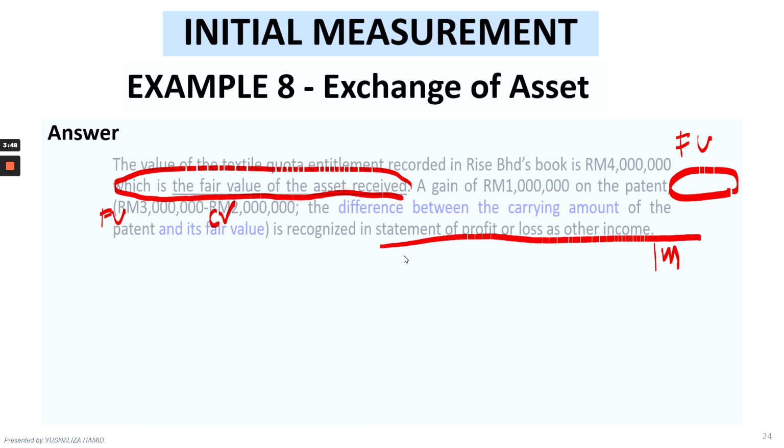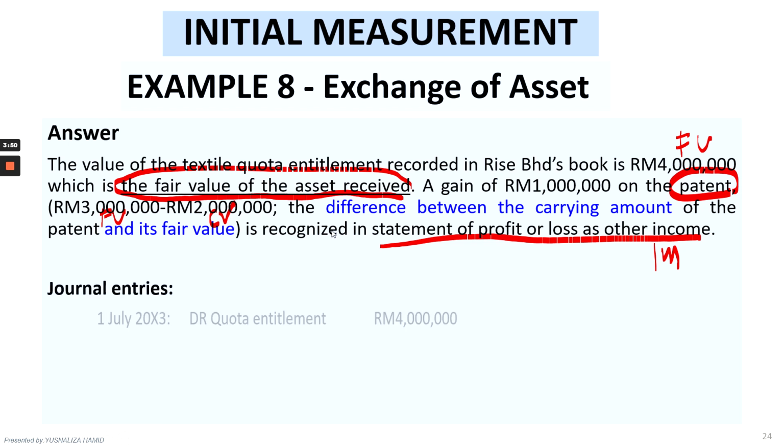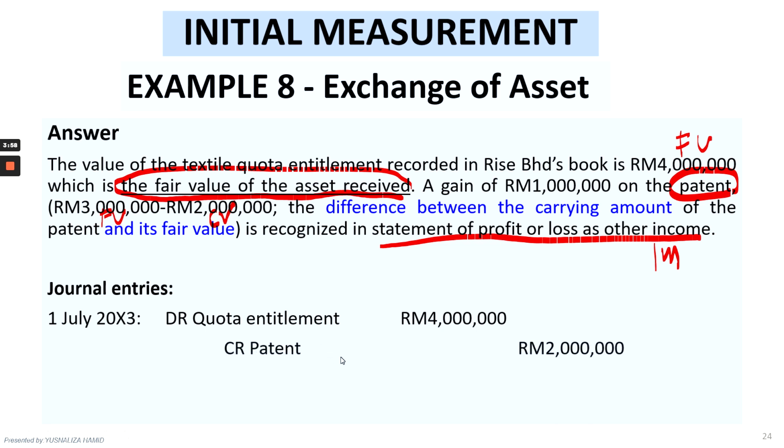So let us look at the accounting treatment. The quota will have to be debited because this is the asset that is exchanged for. The patent will have to be credited because you need to de-recognize it; during this exchange, it no longer belongs to Rice.